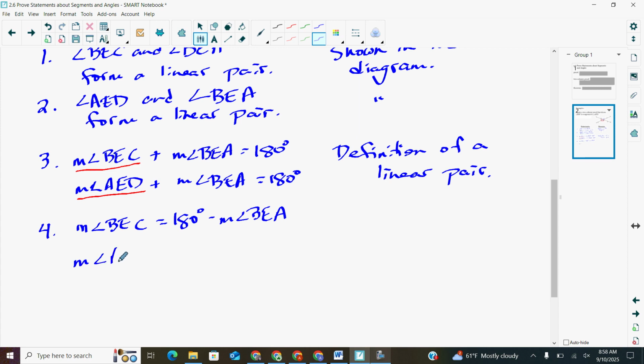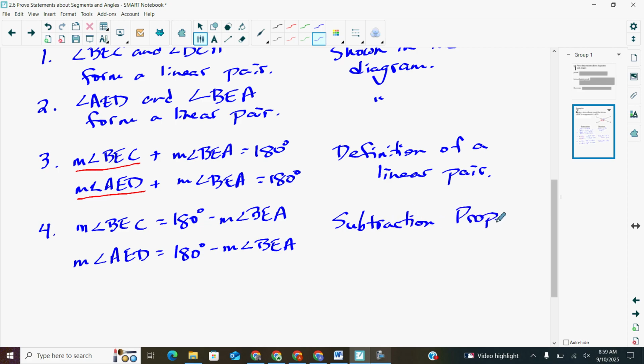And the measure of angle AED is equal to 180 minus the measure of angle BEA. So I subtracted the measure of this angle over to each side. Think about what that is. That's the subtraction property of equality. We talked about that property last lesson.